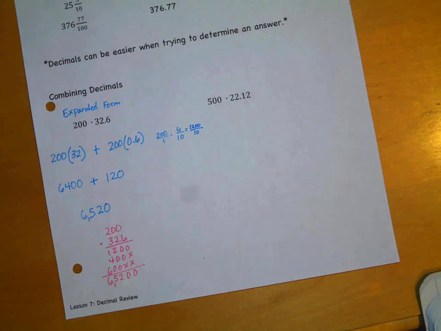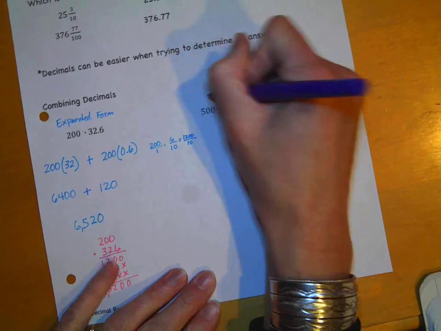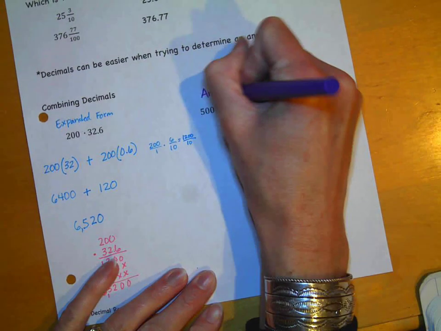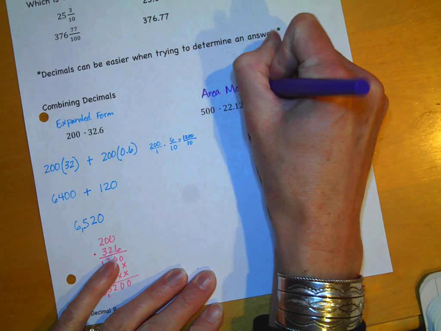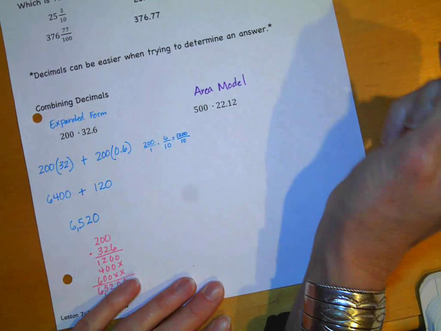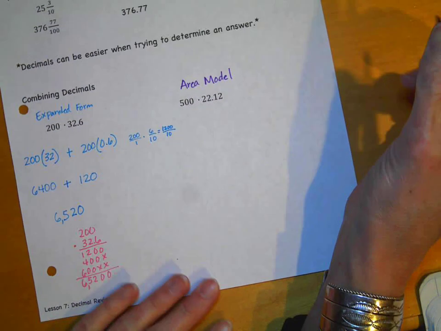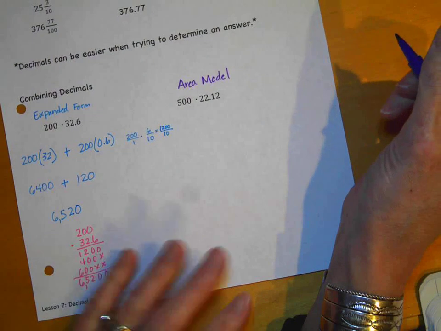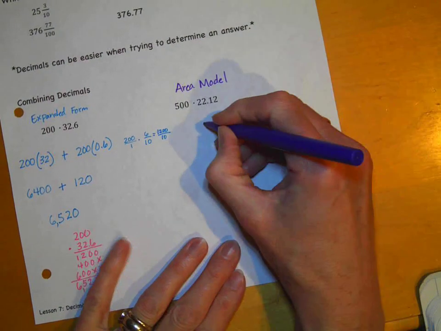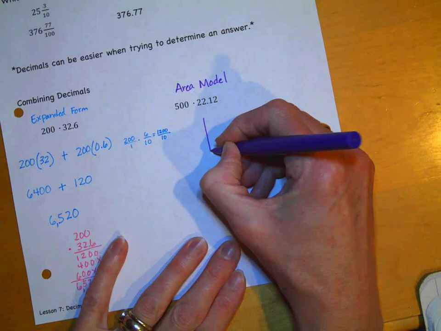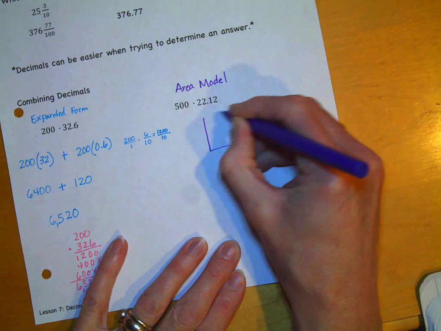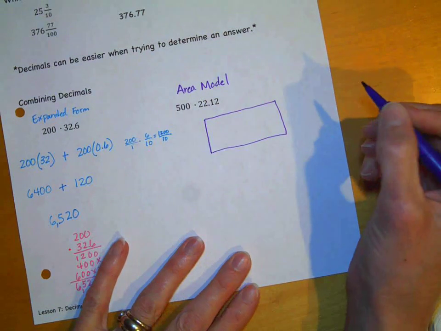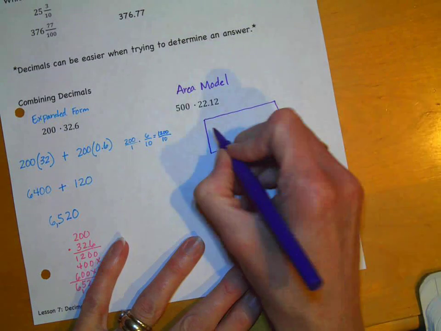Okay, now we're going to switch gears, and I am going to show you another way of doing it, and another way of doing it is called area model. Some of you may have already seen this before. I don't know, but my job is to show you how to use it. The area model is quite fun because what you have to do is represent the areas that you're multiplying by.